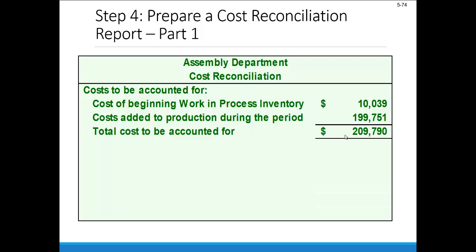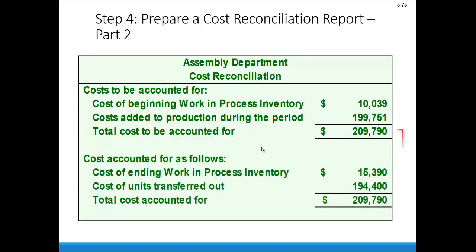Now the bottom half of this, we're just going to answer, where did those costs go? Where did those dollars go, if we want to think of it that way? For our purposes, again, they'll be going to two places. They're either still sitting in work in process at the end of the period, associated with goods that aren't finished yet, aren't ready to sell.